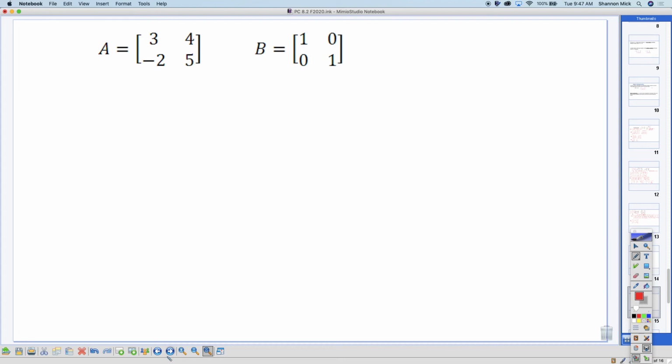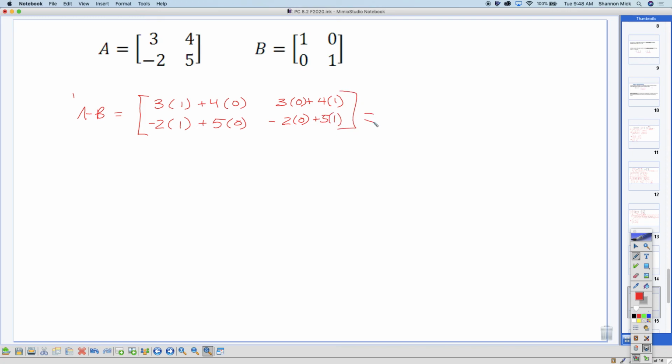So what do you think is going to happen when I take AB and BA? I got the same as A. You think it's going to be the same? I know it's going to be the same. Okay, so 3 times 1 plus 4 times 0, and 3 times 0 plus 4 times 1, and negative 2 times 1 plus 5 times 0, negative 2 times 0 plus 5 times 1.